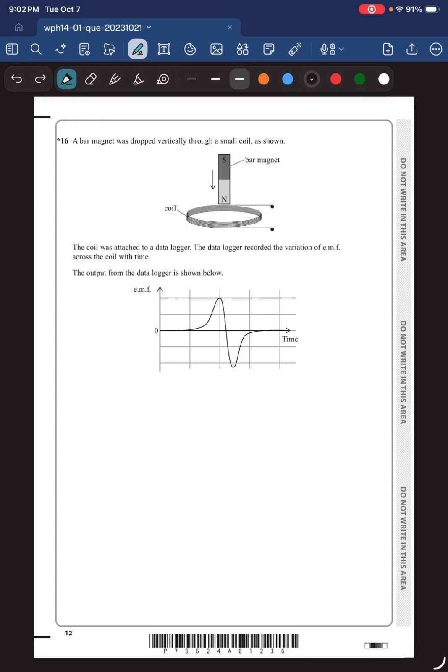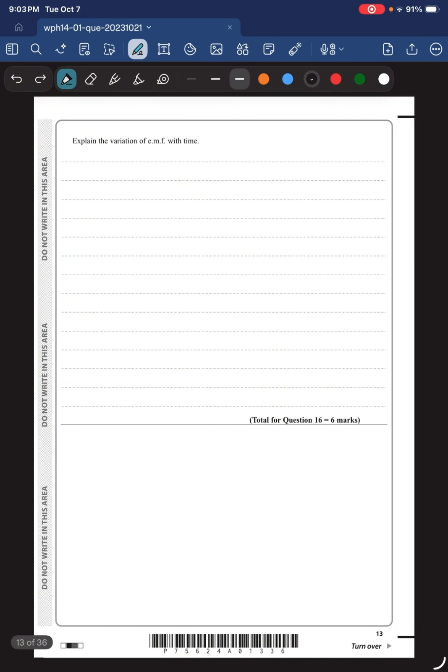The coil was attached to a data logger. The data logger recorded the variation of EMF across the coil with time. The output is shown below with respect to time. Explain the variation of EMF with time.